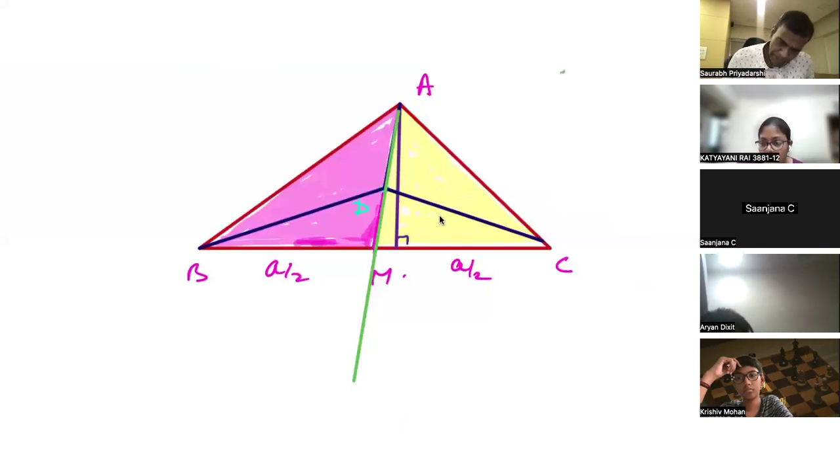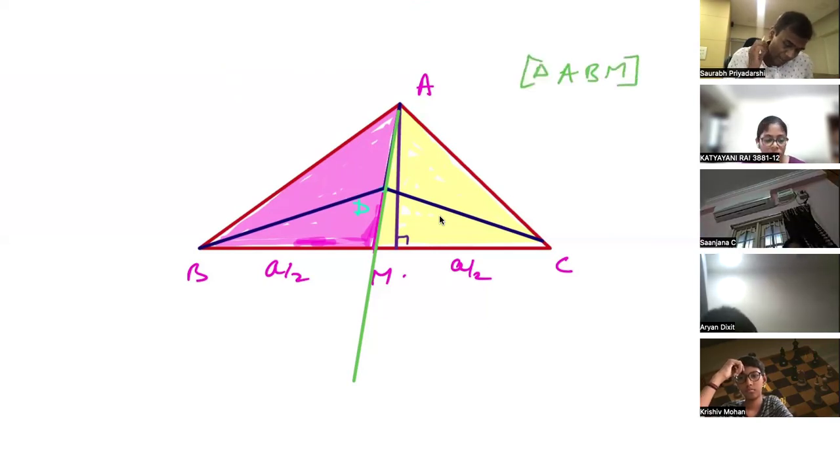So I can say the area of ABM, right? The same thing what we have done earlier. And this, right? This is the area first. And second, I'm saying the area of AMC.